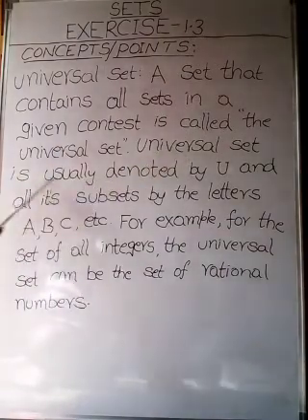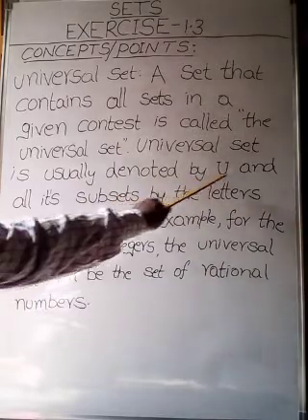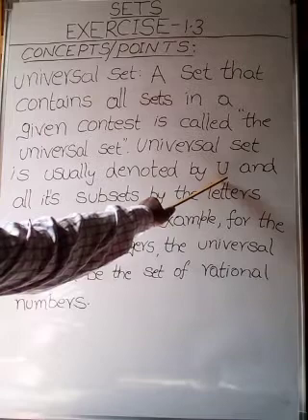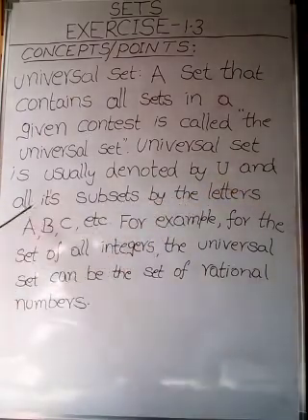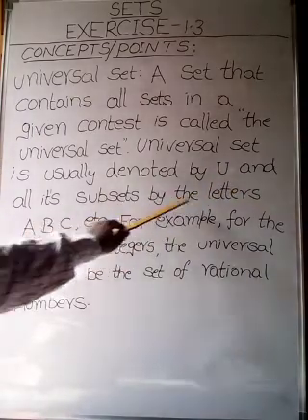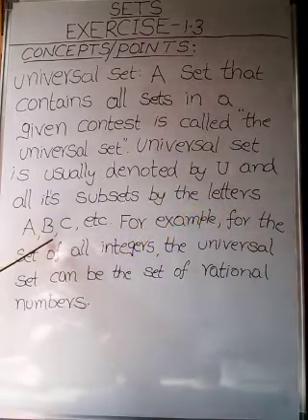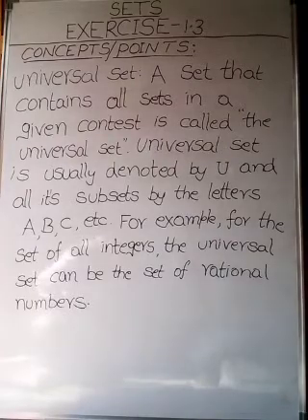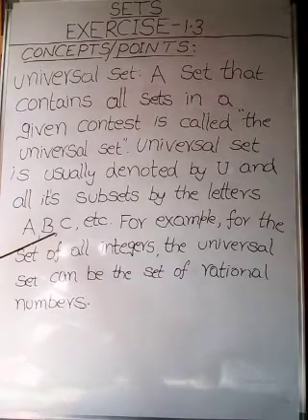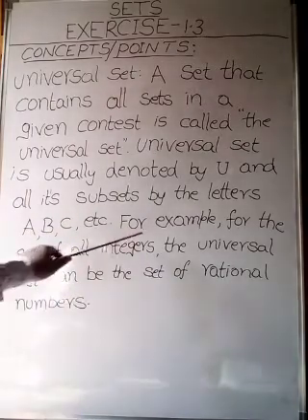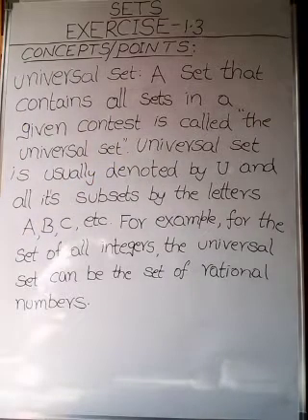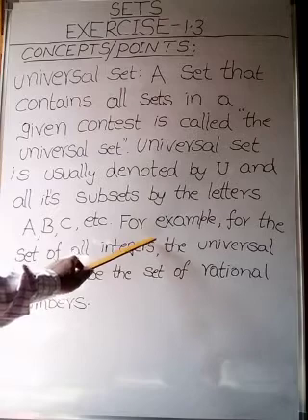The universal set is usually denoted by the capital letter U, and all its subsets by the letters A, B, C, etc. So subsets of the universal set are generally denoted by the letters A, B, C, and so on. To understand this concept, let us take an example.